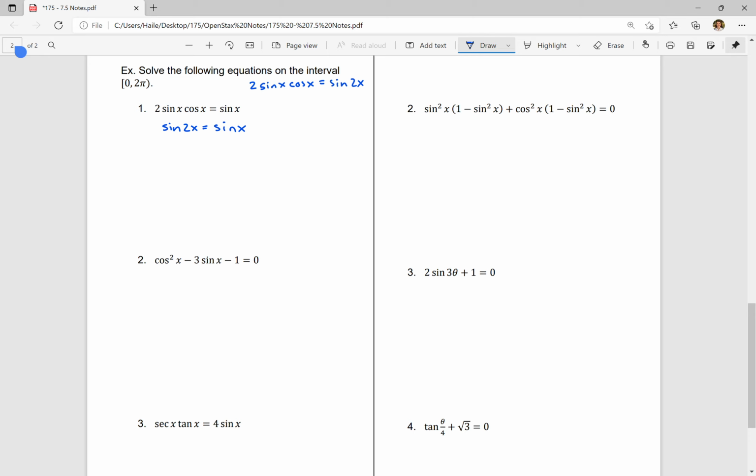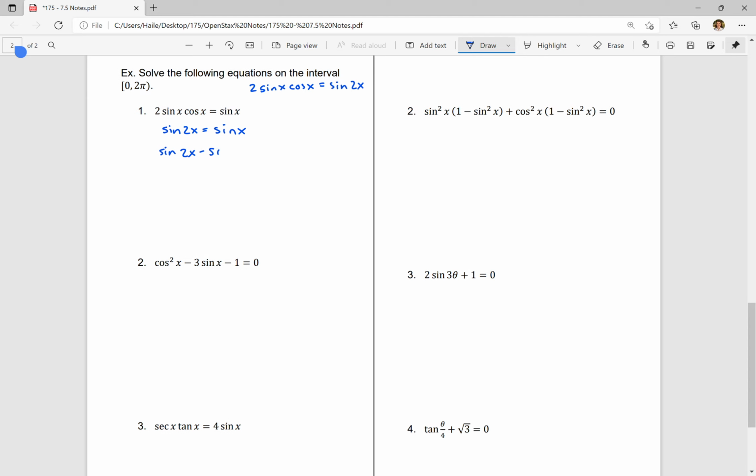Well, maybe we could subtract over sine of x, but then we run into a problem because we can't factor that. So because our angles are different, in one of the sines we have 2x, in another sine we have x, we can't factor that in any way. So this would not be a good idea. Okay? So this won't help us. So we need to think of something else.